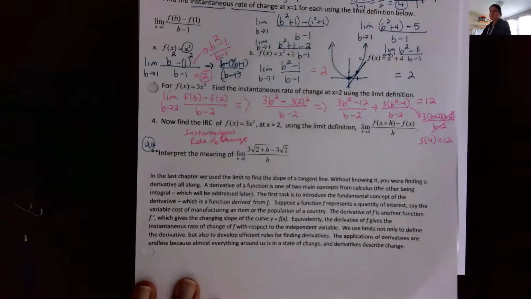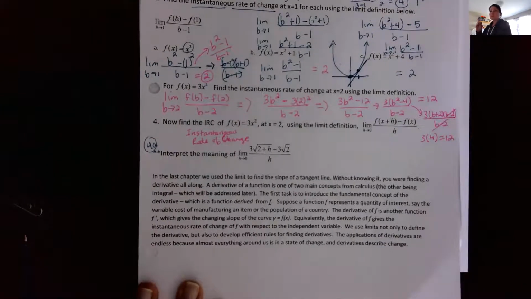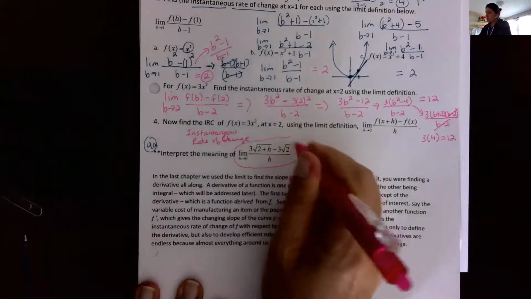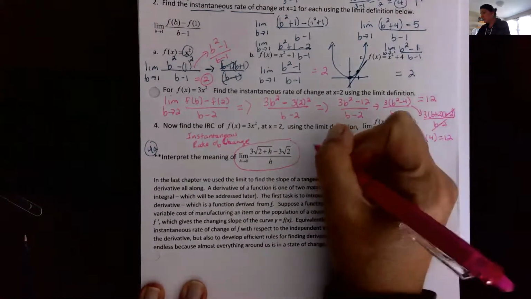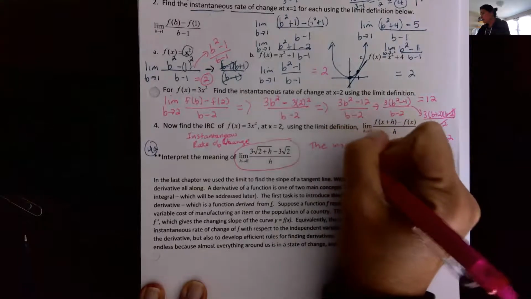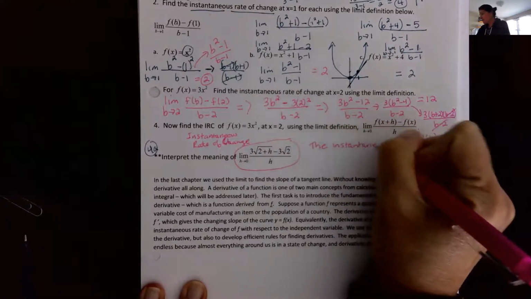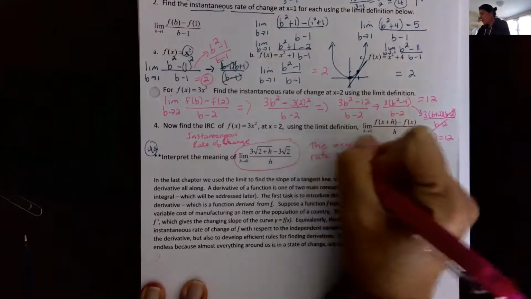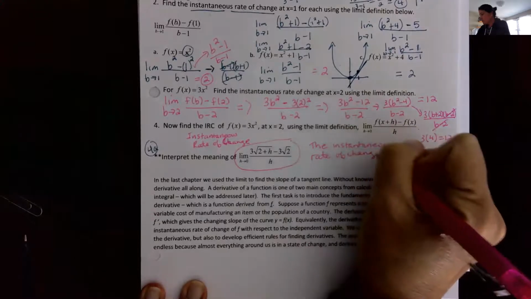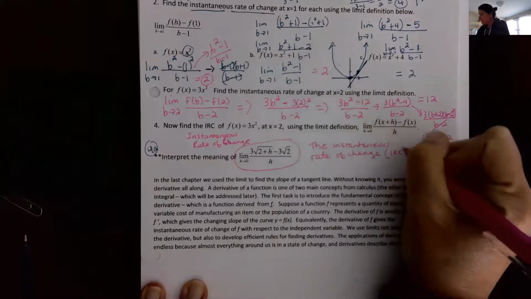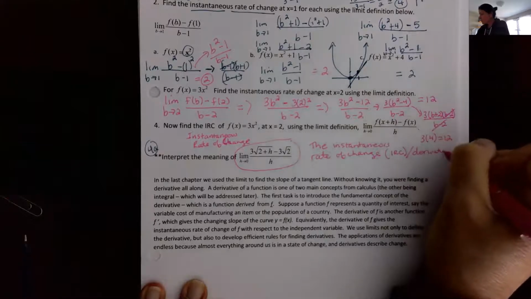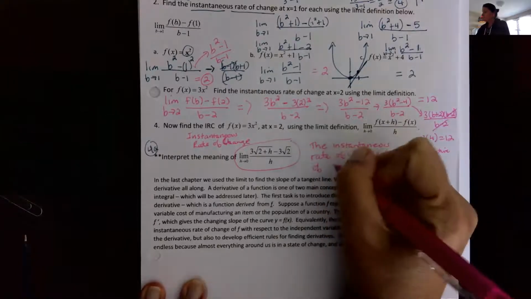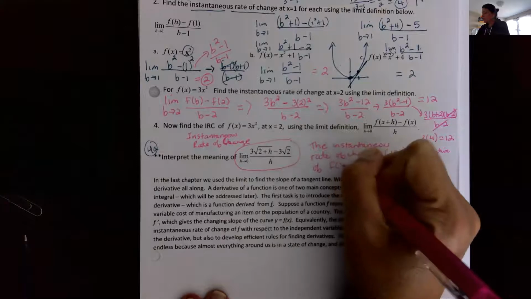So I'm not looking for a numerical answer. I am just simply looking for what does all this notation mean? And what this notation means is this is the instantaneous rate of change. And when I say that, right, IRC, you could also say derivative of, what function are we dealing with?